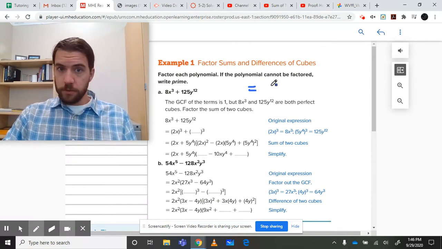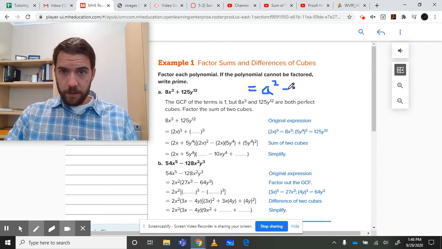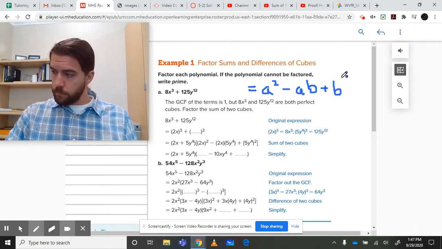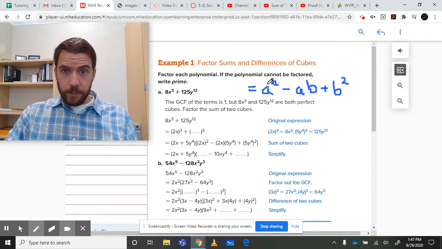So we're doing sum of cubes: a squared minus ab plus b squared, all multiplied by a plus b. Okay, so that is our sum of cubes factored down.